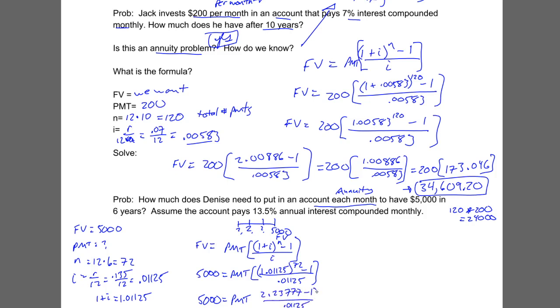So I don't always write this many steps in, but let's go ahead on this one. So we have 5,000 equals payment times, and then subtract, 1.23777 over 0.01125. So 5,000 is payment times, getting close, I can taste it. So 1.23777 divided by 0.01125, 110.024.